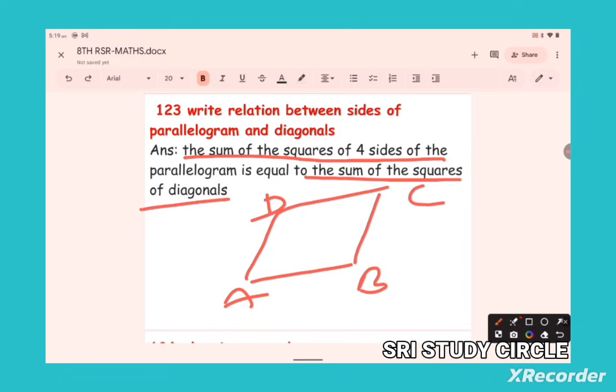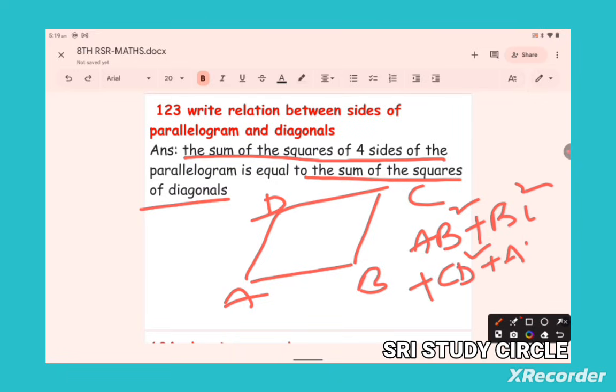AB square plus BC square plus CD square plus AD square is equal to the sum of squares of diagonals, that means AC square plus BD square.